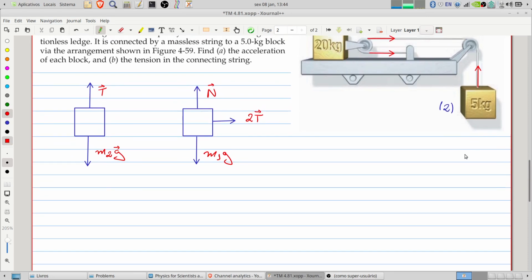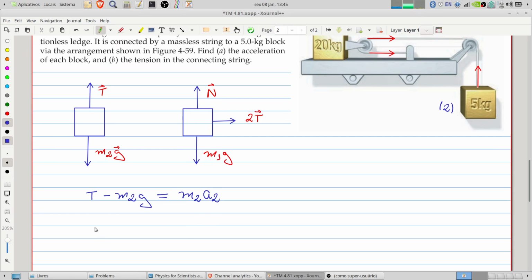These vertical forces won't interfere in the movement in this case. So let's write the equation of the movement. For the block number 2 of 5 kg, we will have the tension. Let's use blue. The tension minus m2 times g, the weight, equals the mass m2 times the acceleration a2.